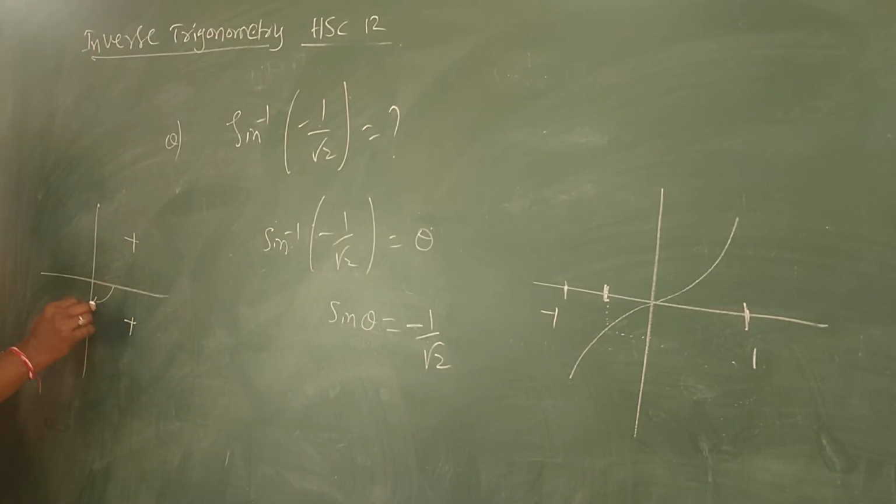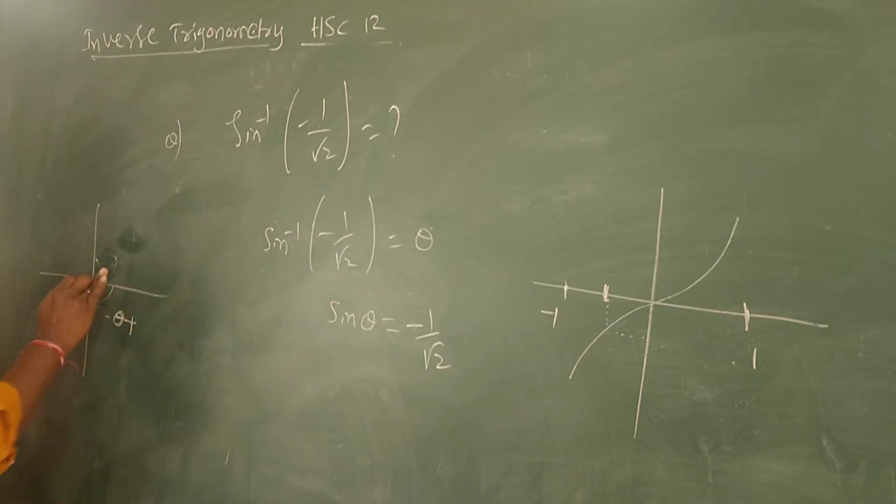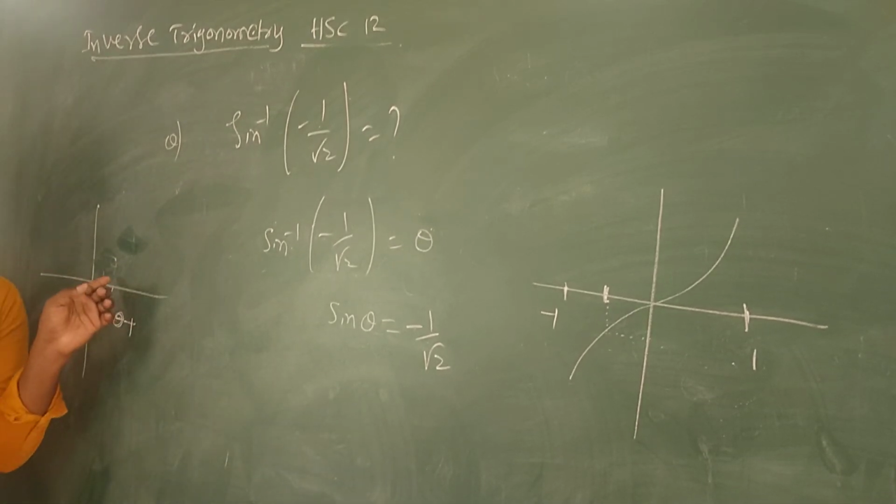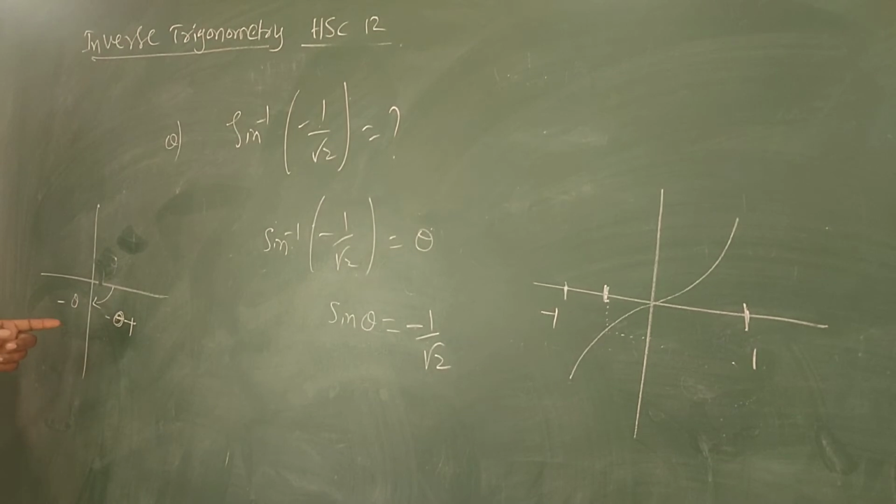And here, if this is theta, you have to take minus theta. We are talking about negative. Sine is negative in the third quadrant and the fourth quadrant. So in the fourth quadrant, here minus theta you have to take.